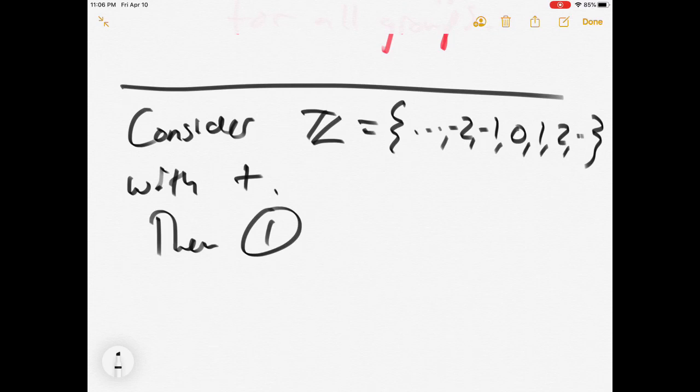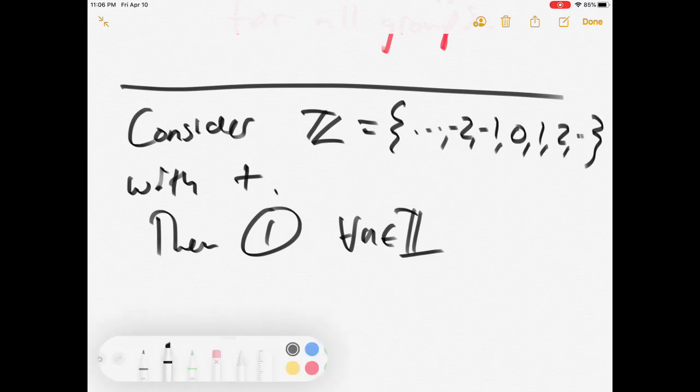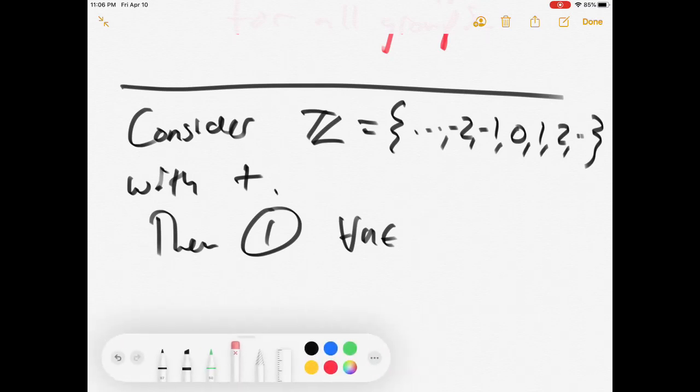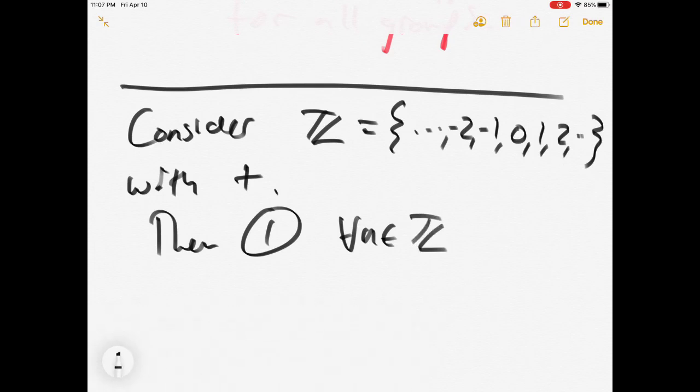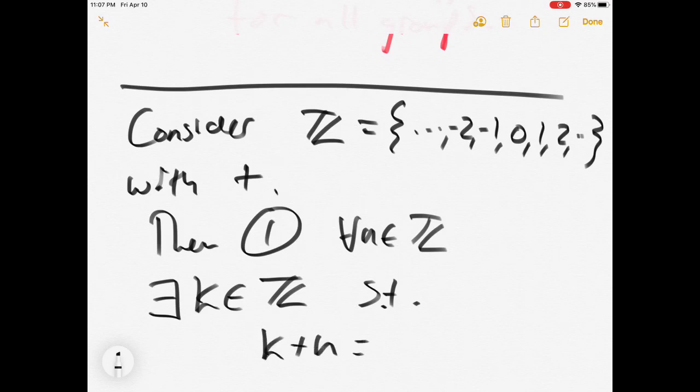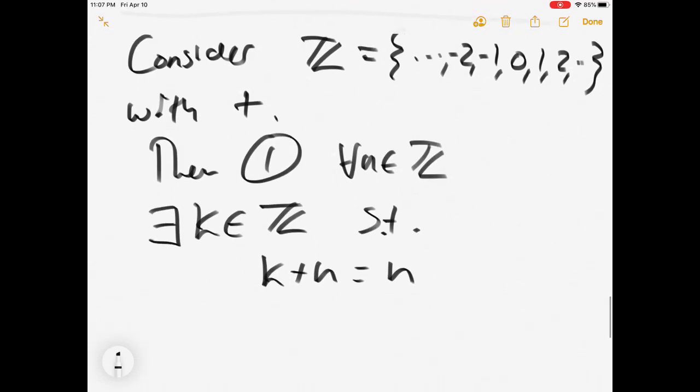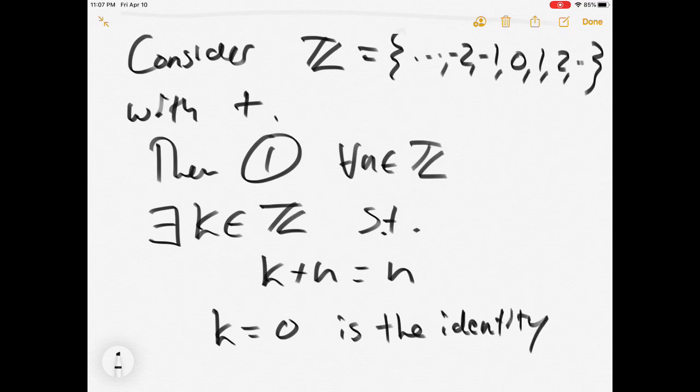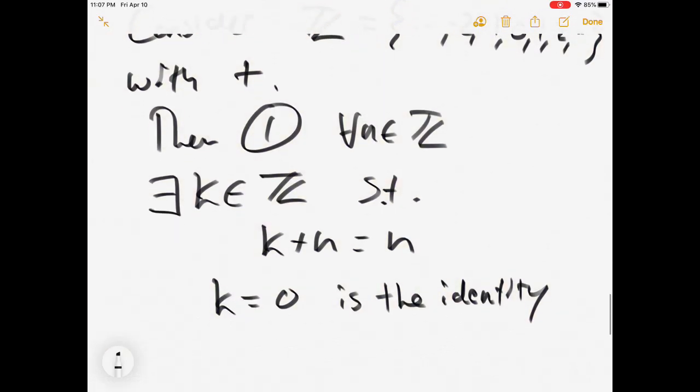Then property 1: for all integers n in Z, there exists an element k such that k plus n is equal to n. And this element k is none other than 0. Whenever you add 0 to an integer, you just get back that integer. So property 1 is satisfied.